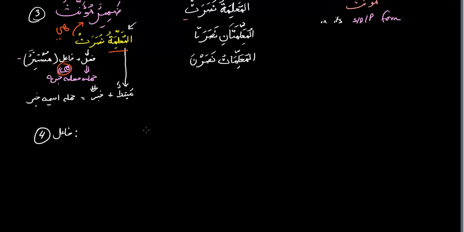It is zahirun mu'annasun, غير حقيقي. If the fa'il is مؤنث غير حقيقي. Let's see, giving an example is the best. There are 2 options here again.